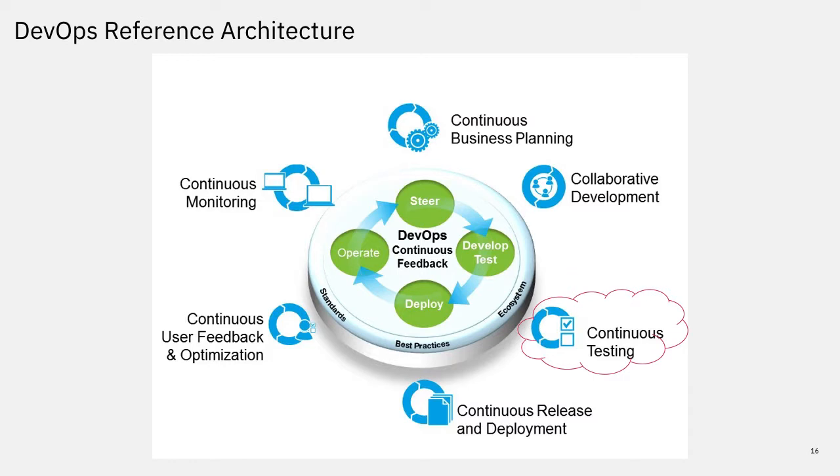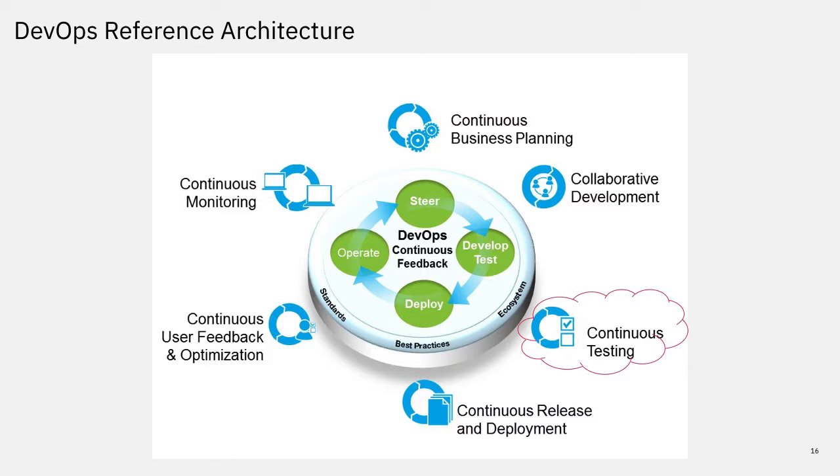So there are 4 phases here, as you can clearly see on the DevOps continuous feedback cycle. You steer, then develop and test, deploy, operate, and incorporate that feedback into your steer phase and continue the loop.